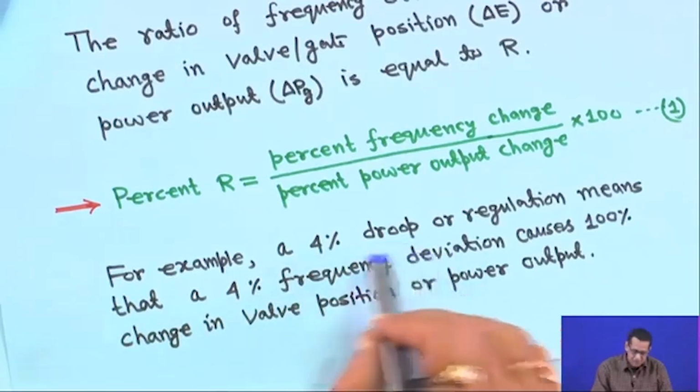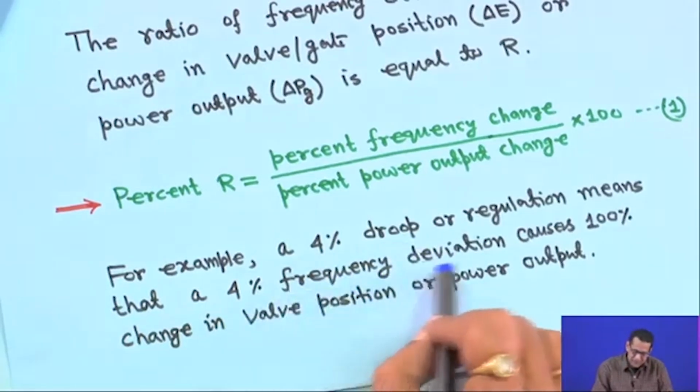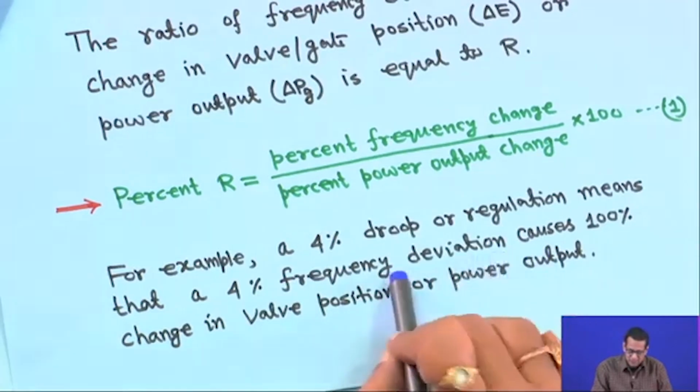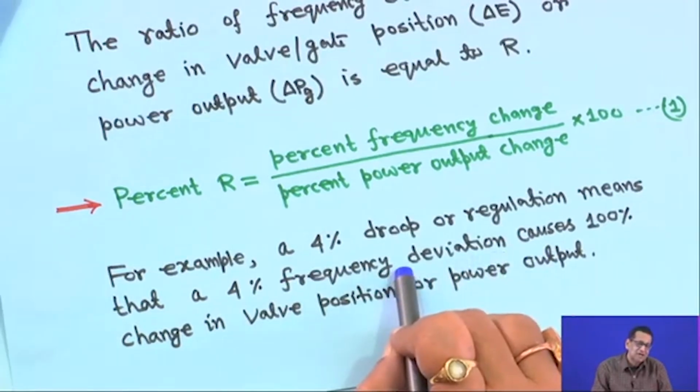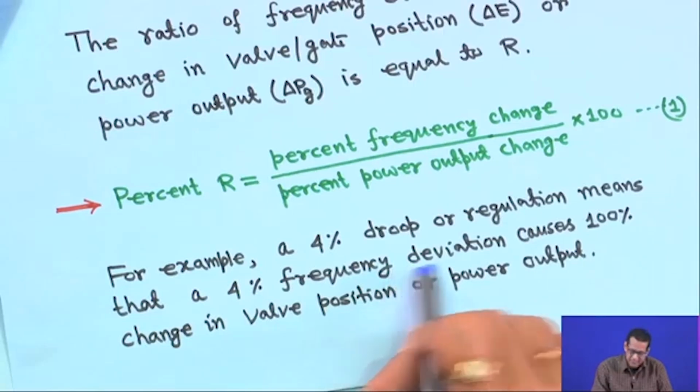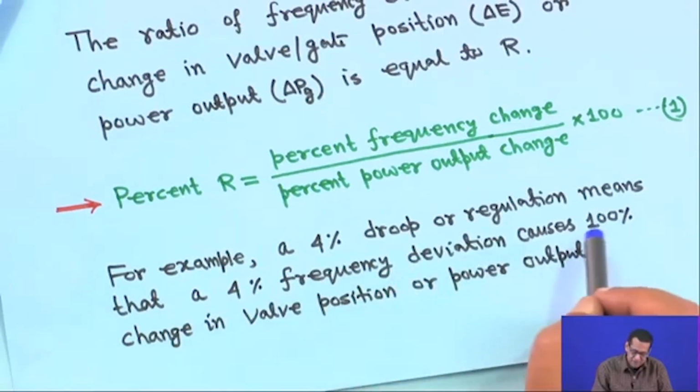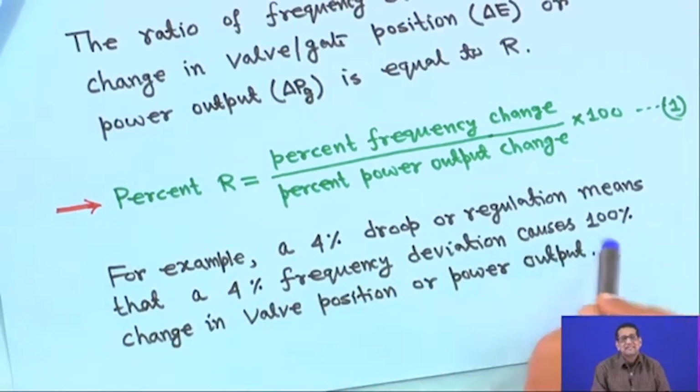So frequency will deviate 2 hertz from 50, that means it will become 48 if you generate 100 megawatt.